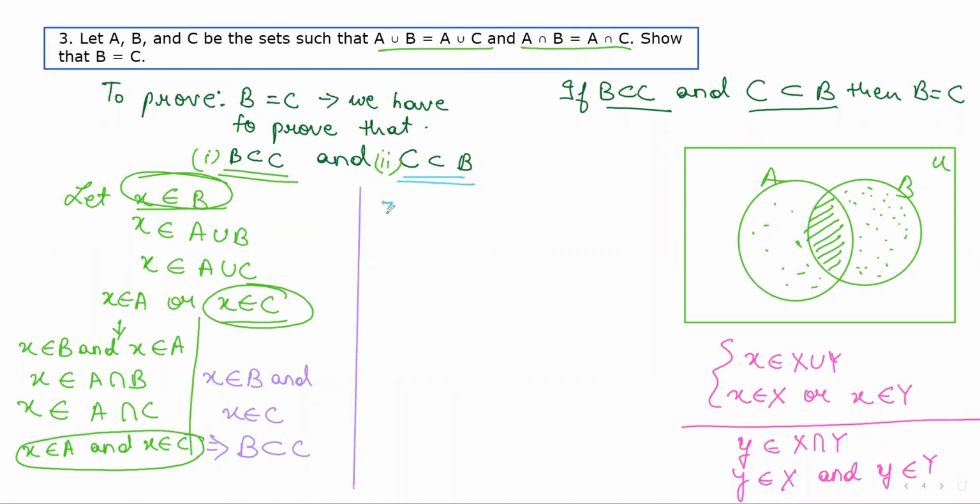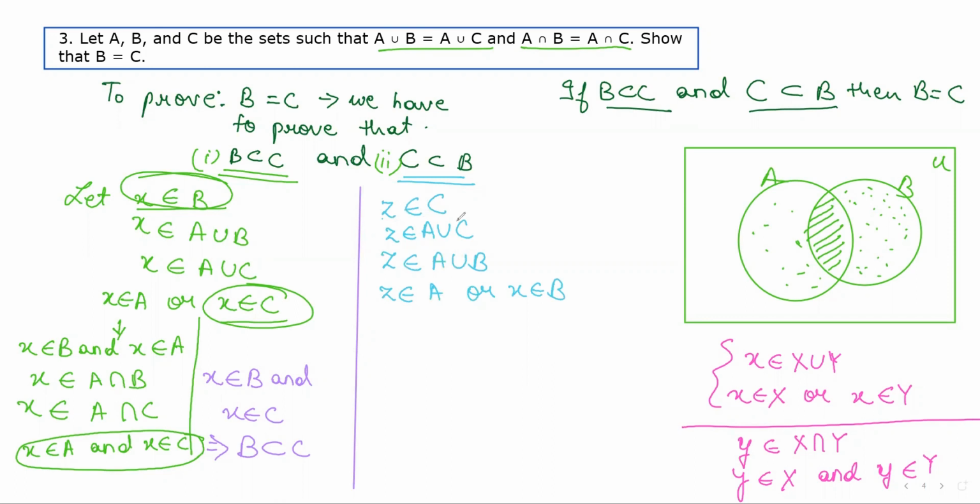Let's consider an element Z which belongs to C. If this element is present in C, then it will also be present in A union C, A united with C. Similarly, this element will be present in A union B, because A union C is equal to A union B, given. In words, it is written as Z belongs to A or Z belongs to B.